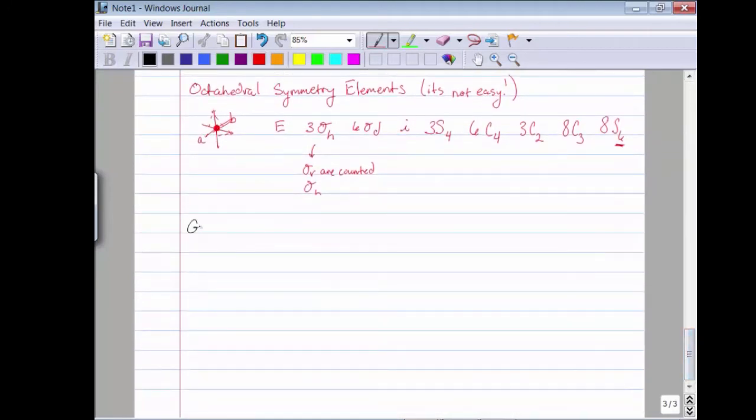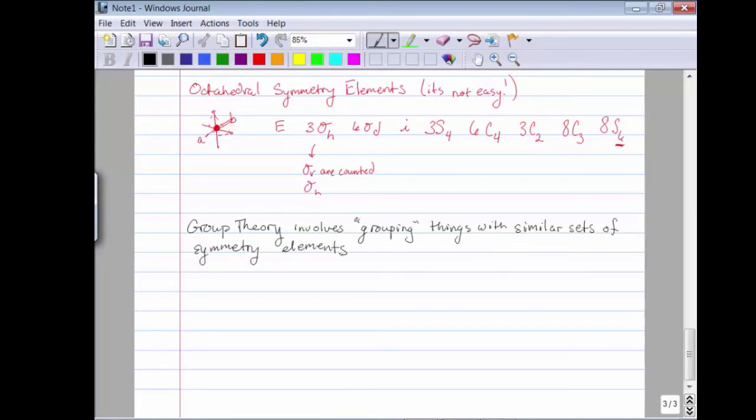So group theory involves grouping things with a similar set of symmetry elements. It groups these things into point groups. Things that are put into a given point group, for example the octahedral molecule that you're just working with, are grouped into something called the Oh point group, or the octahedral point group.